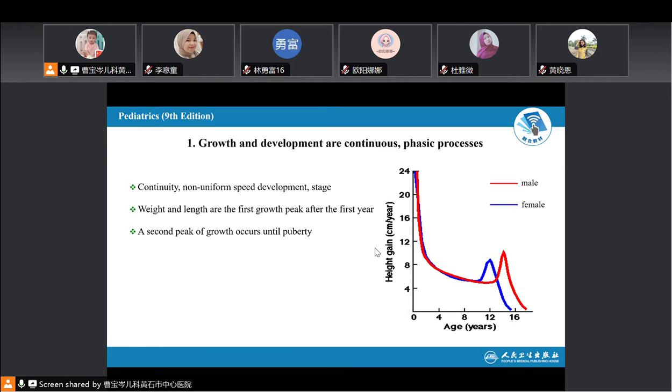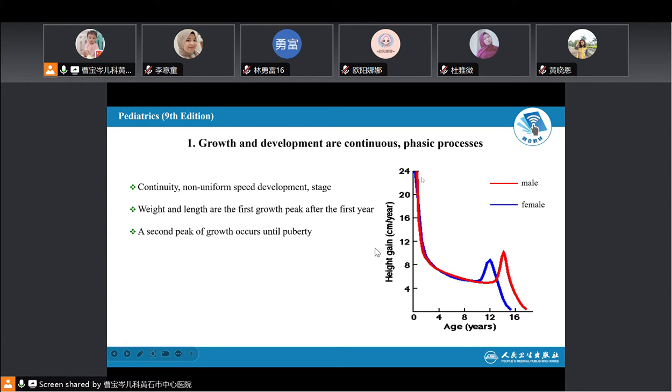Then we start from the first section, the law of growth and development. Growth and development are a continuous, phased process. Growth is continuous but not at a uniform speed in each developmental stage. Weight and length have the first growth peak in the first year.